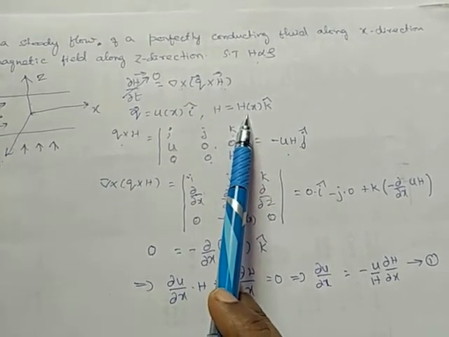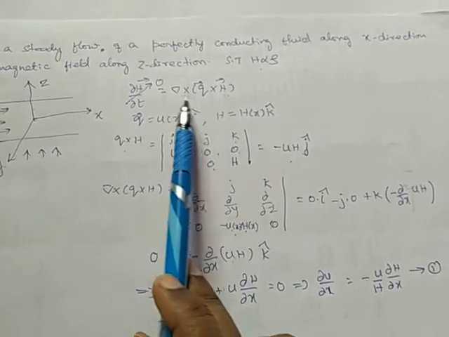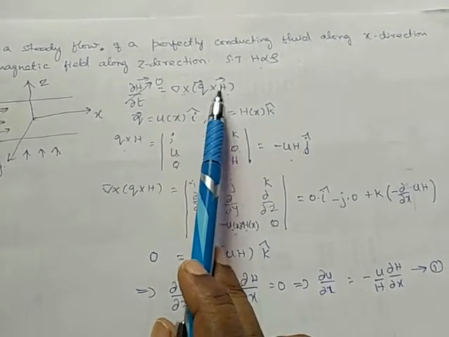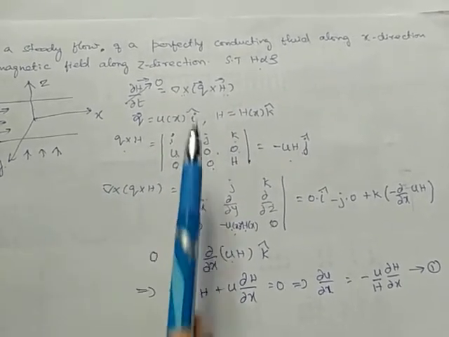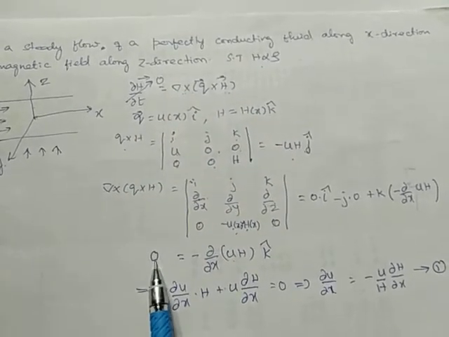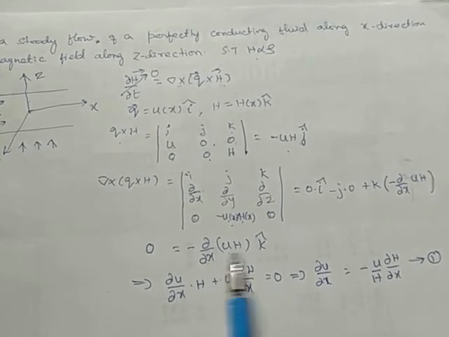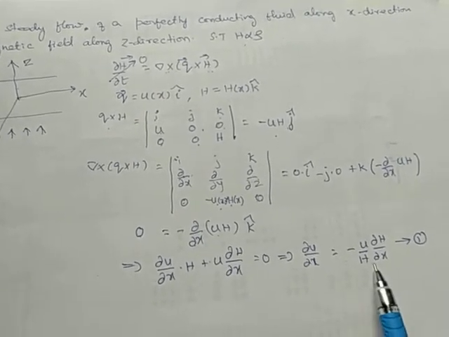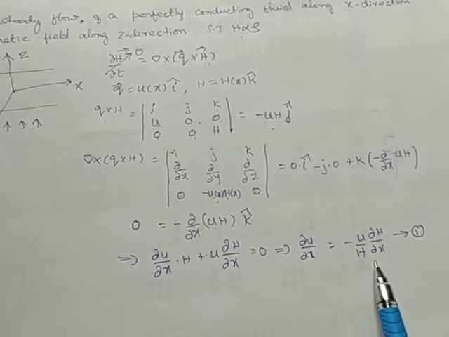The magnetic field is applied along the z direction, therefore H is h of x into k. To find the curl of Q cross H, I got the value of Q cross H and then its curl. We have the curl of Q cross H as 0, so we substitute that. Here I have applied the product rule. So we got dou u by dou x equal to minus u by H dou H by dou x.